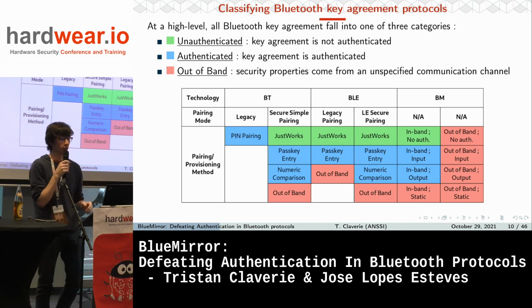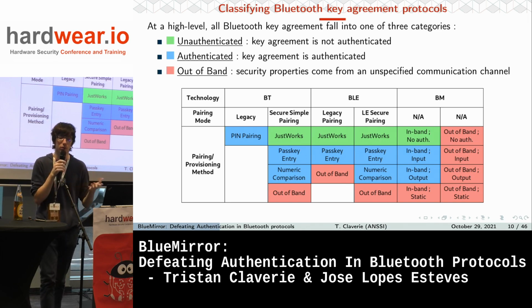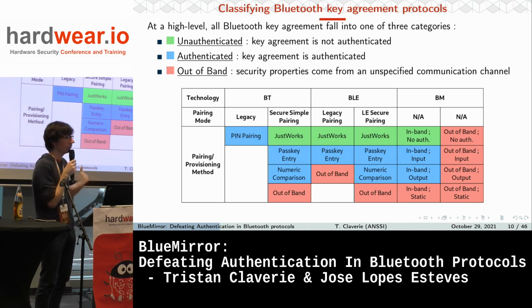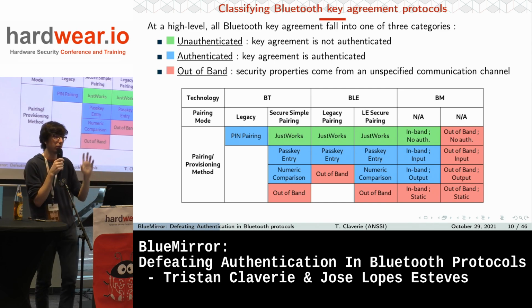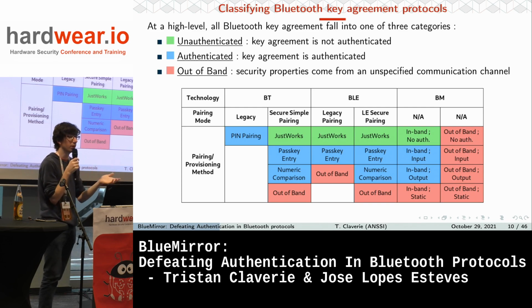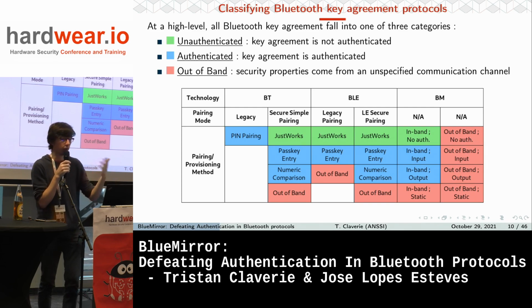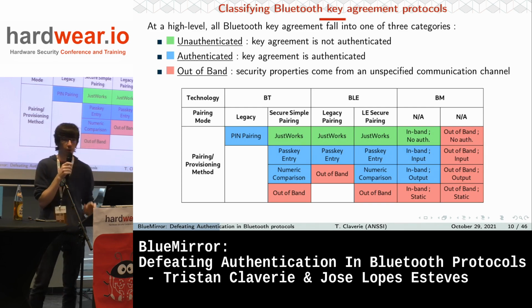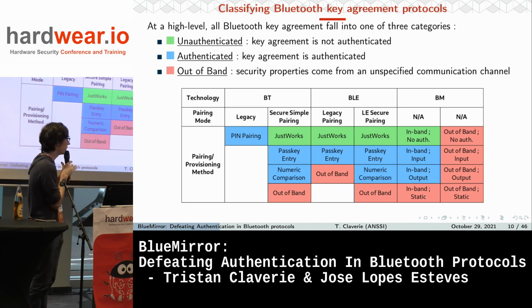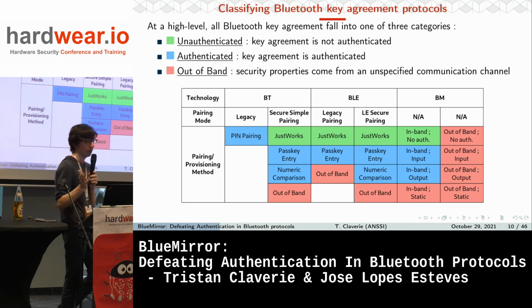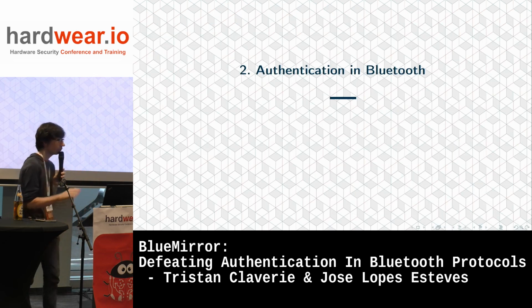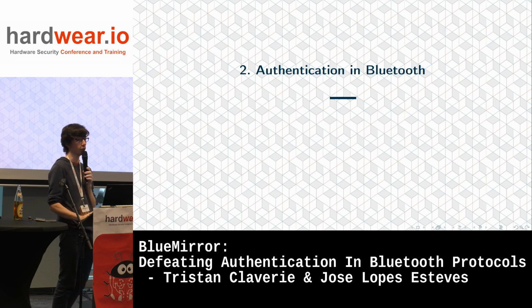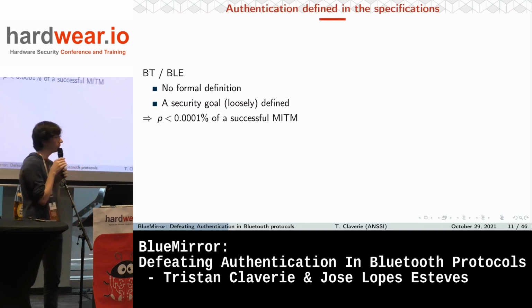And finally, we've got out-of-band key agreements, whose security properties usually depend on the security of an unspecified communication channel, the out-of-band channel. Therefore, by just looking at the specification, we may not be able to completely analyze their security. So that was a short introduction to key agreements in Bluetooth.